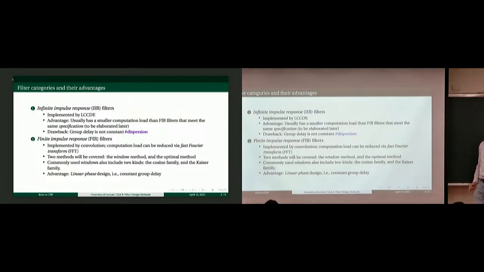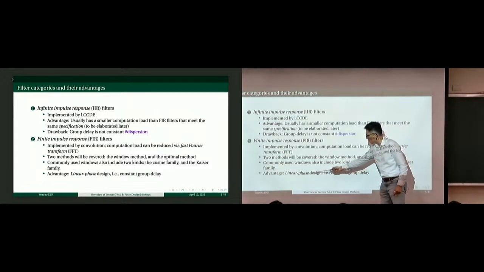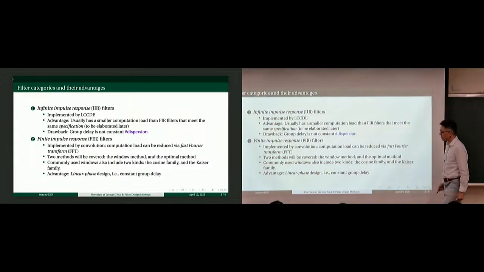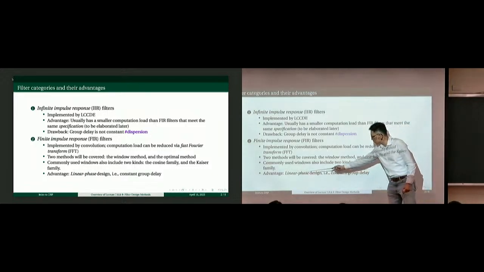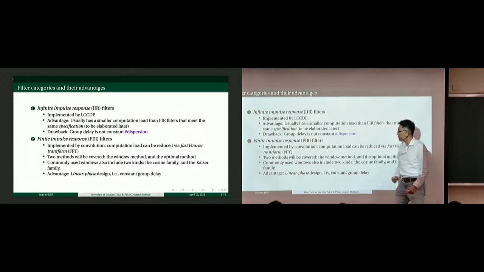After you design them, because of the way we design FIR filters, there are so many different ways, but every method leads to a filter which has a linear phase spectrum, or simply, as one adjective, 当作一个形容词的话, linear phase. We will have a linear phase design for any FIR method that we will cover.